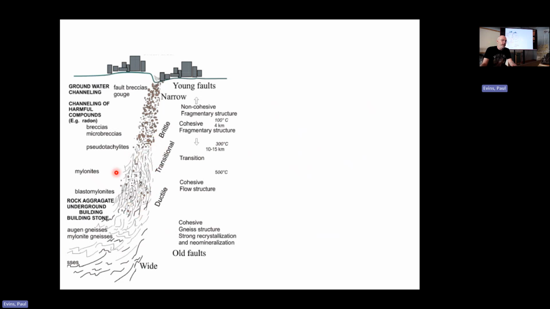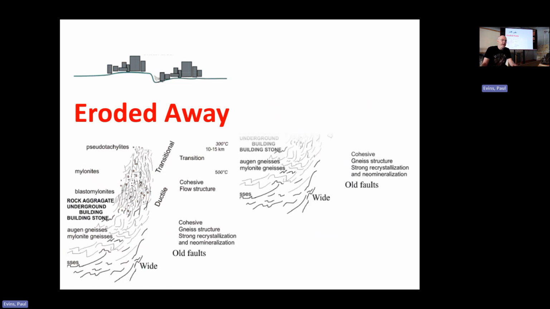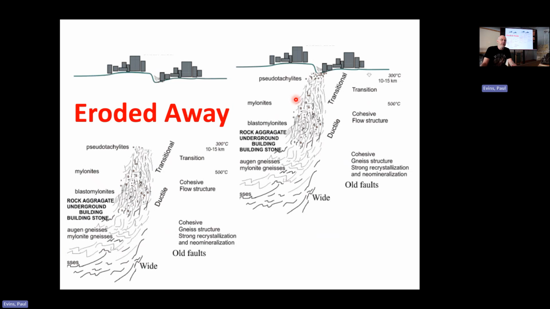Then you get even more towards the brittle transition. You form mylonites, the shear gets concentrated. You start forming pseudotachylites, and then breccias, fault breccias and gouges near the surface. But remember, as I said, that might get eroded away, so all you're left with is pseudotachylites and nothing more brittle looking. But then it gets lifted up again, and then you squish it again, and these get reactivated.